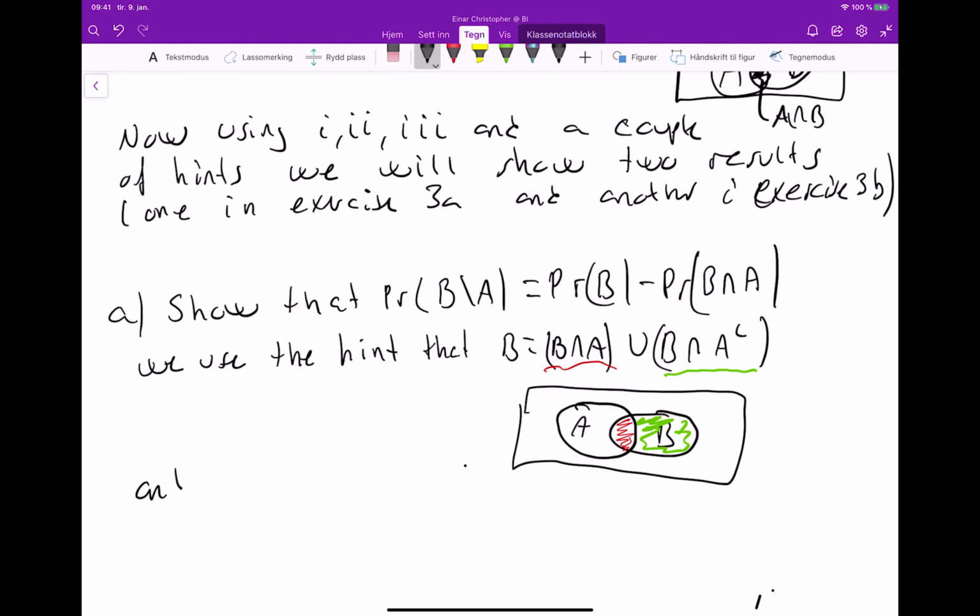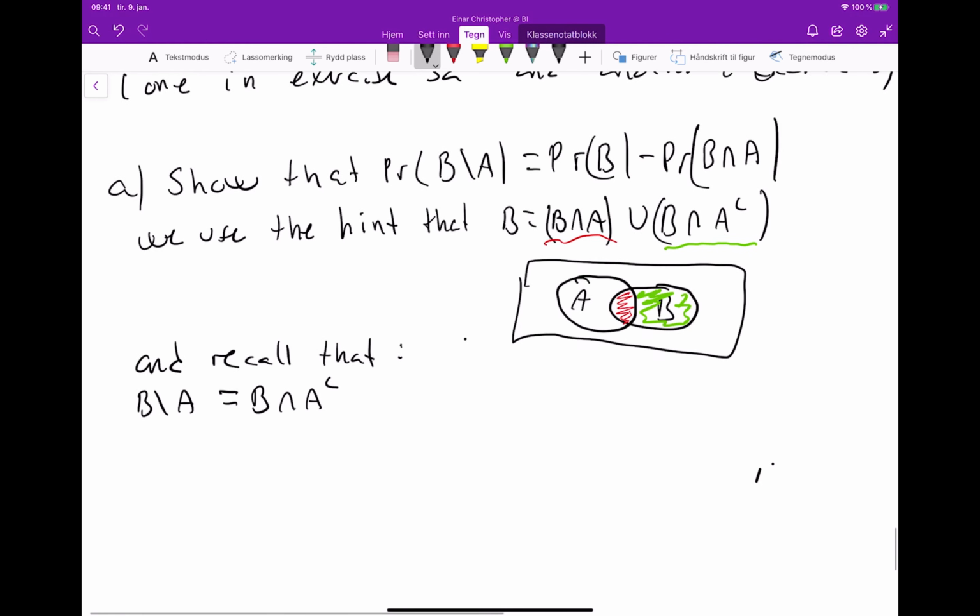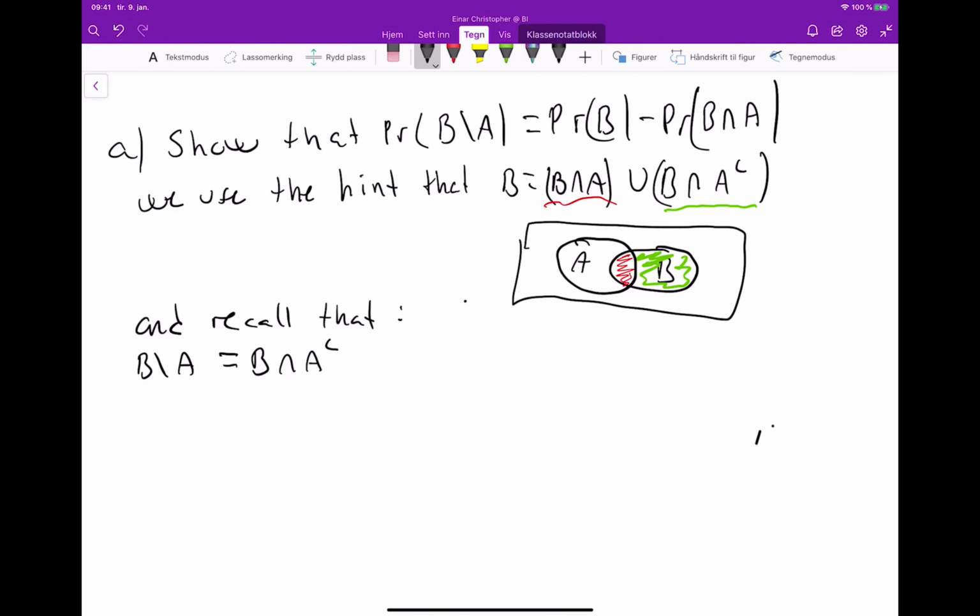And recall that B minus A is equal B and A complement. Let's visualize, and we can call this a star, and we can visualize it.